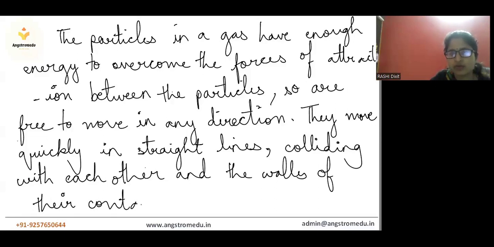I don't know if you have heard about the term pressure or not, but gases are able to exert pressure because the gas particles collide amongst each other and also with the walls of the container. Because of enough energy they can overcome the forces of attraction between the particles and are free to move in any direction. They keep on colliding with each other and with the walls of the container, right? Okay.